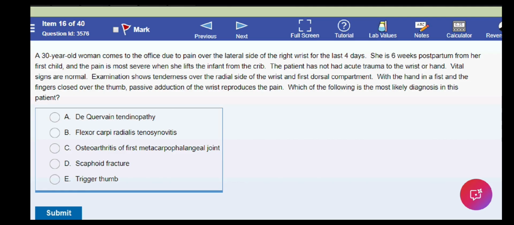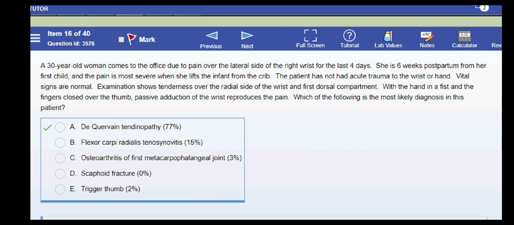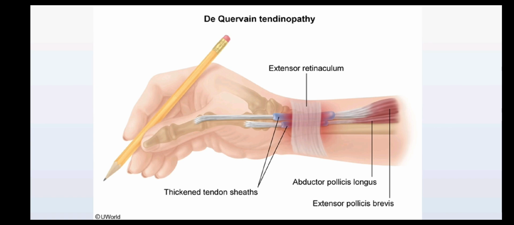Okay, it's not trigger thumb, no scaphoid fracture, no osteoarthritis, no flexor problem. This is de Quervain after heavy lifting or using the hands a lot. So this is de Quervain tendinopathy. This sign he gives you is how to know the diagnosis.